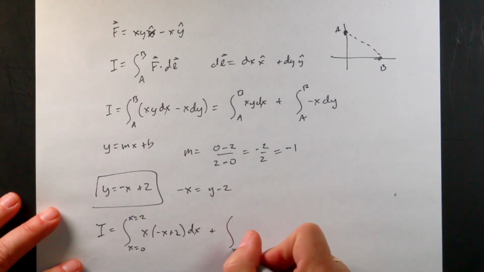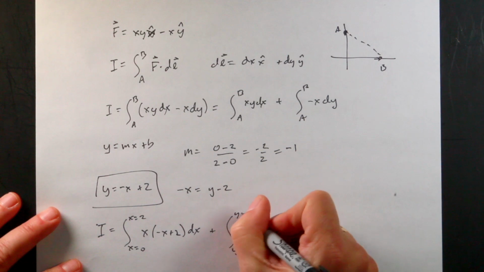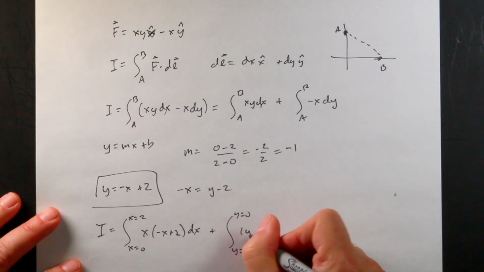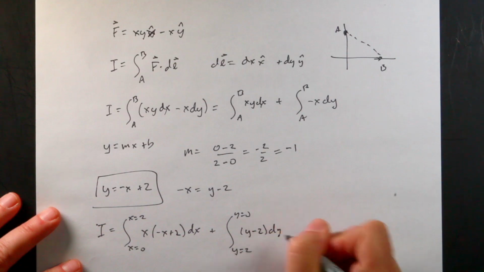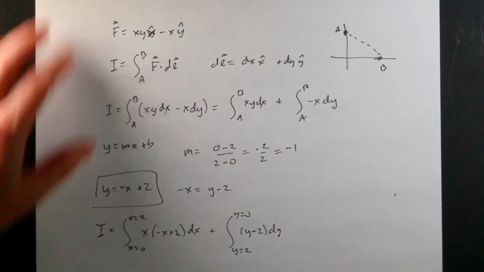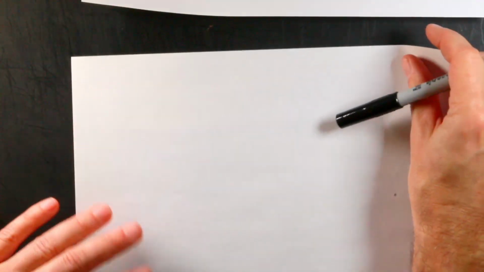Plus the integral from y equals 2 to y equals 0, and I'm going to have negative x, which is just y minus 2, dy. Okay, let's just multiply this out. This is actually pretty easy to integrate. So let me just rewrite those two integrals.